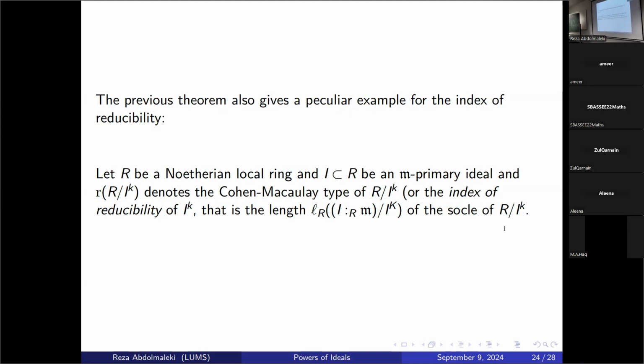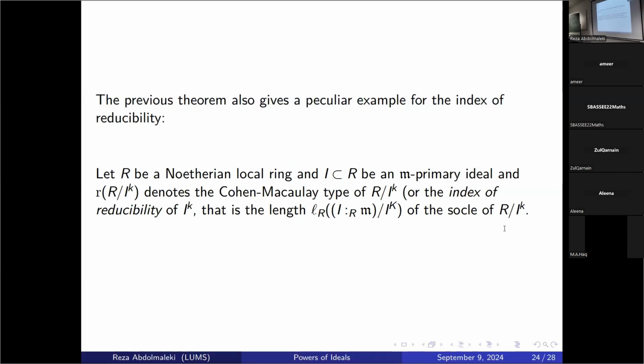Index of reducibility means the number of components that appear in an irredundant irreducible decomposition of a module. And especially for monomial ideals it is exactly that.